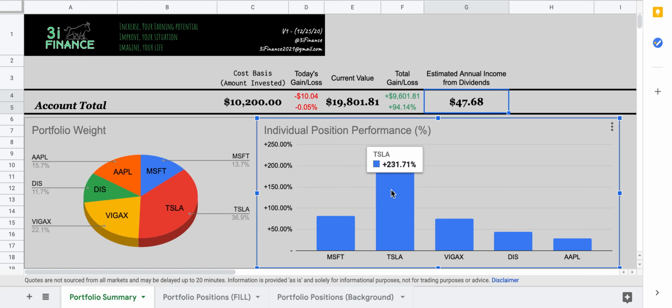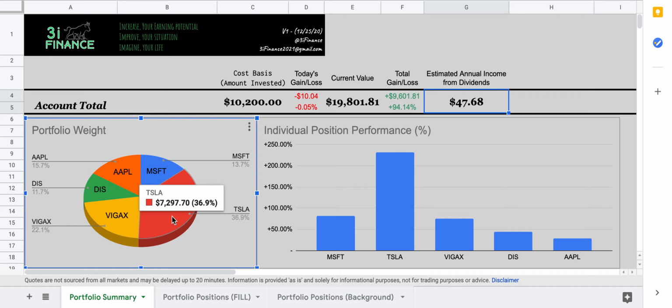So the performance of Tesla stock coupled with your investment in Tesla stock gives you Tesla taking up the biggest portion of your stock portfolio.